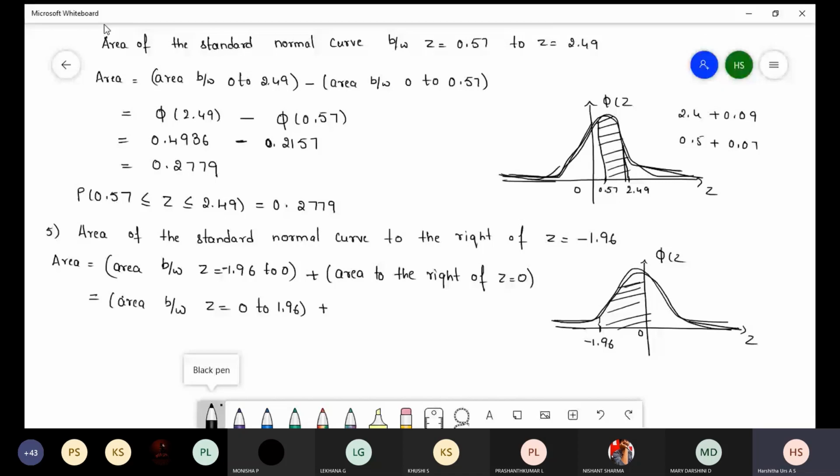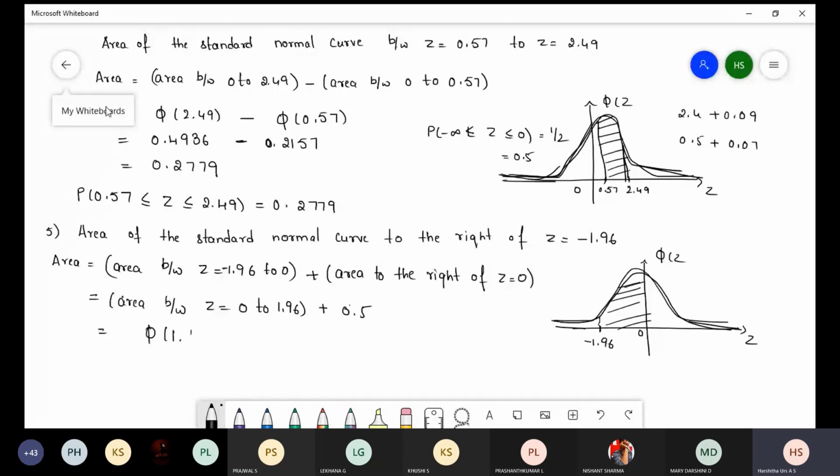We can use the formula here, P of minus infinity less than or equal to z less than or equal to 0, that is the value 1 by 2. So we can write 0.5. Now for this, phi of 1.96 plus 0.5, 0.4750 plus 0.5.